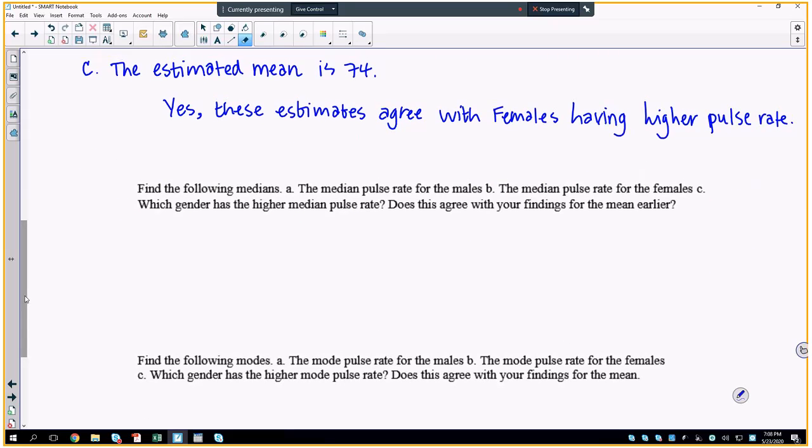Then it says the medians, find the median pulse rate for males. Well, we've already done that.